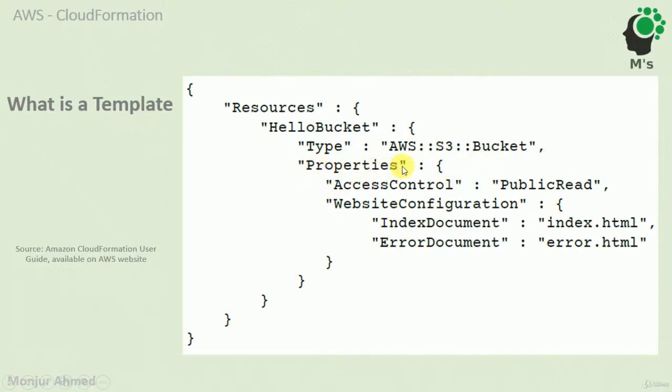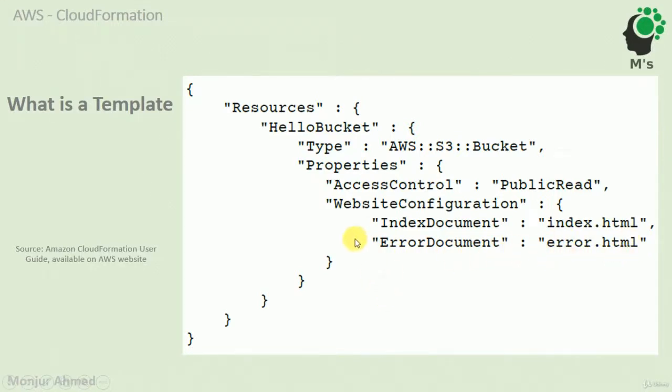So here you see properties: access control is public read, and website configuration. The index document by default should be this page, if you're into website development, you know that. And if there is any error, it will display this page.